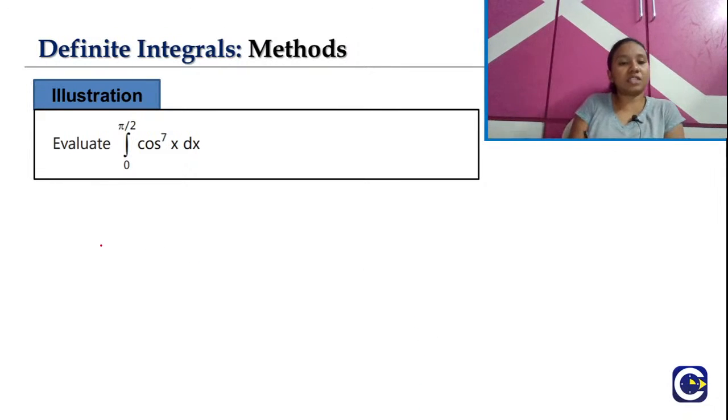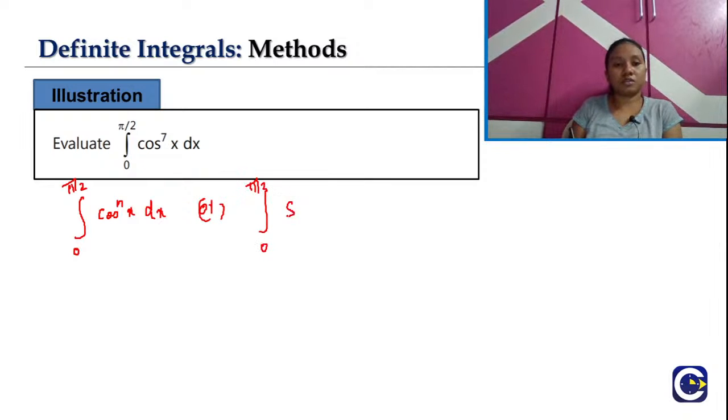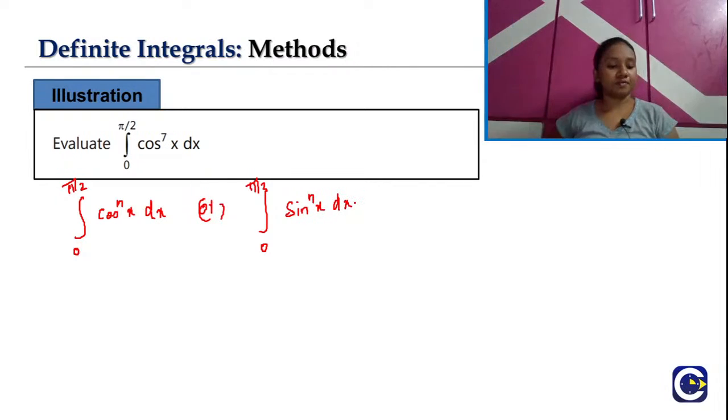I'll be writing the general format here. The integral format can be integral 0 to pi by 2 cos power nx dx, or it can be integral 0 to pi by 2 sin power nx dx. You can compare the given question, and corresponding to even and odd, we'll have the formulas.